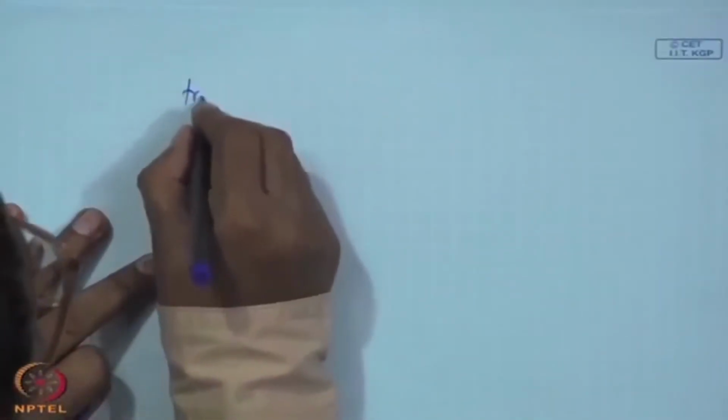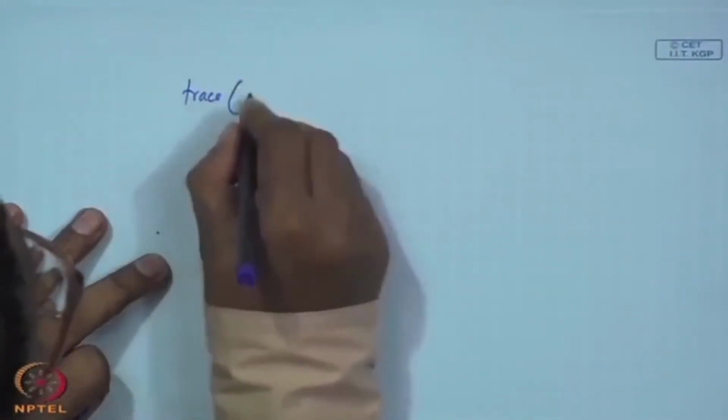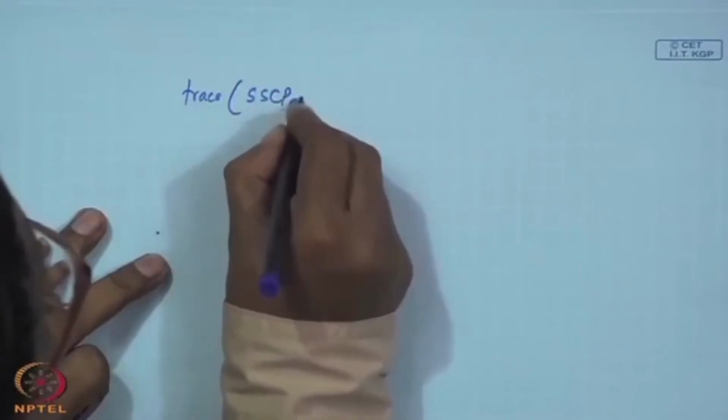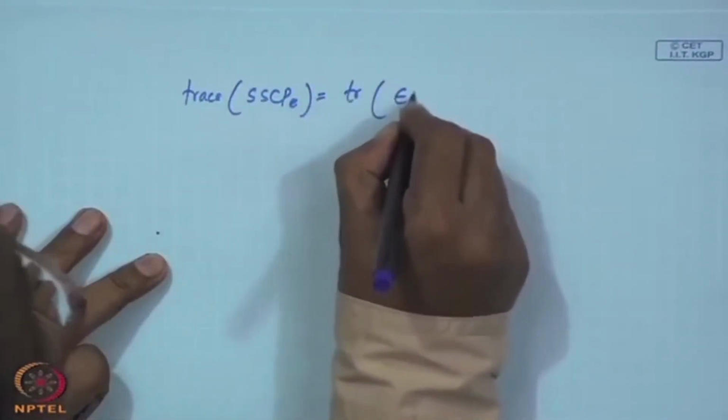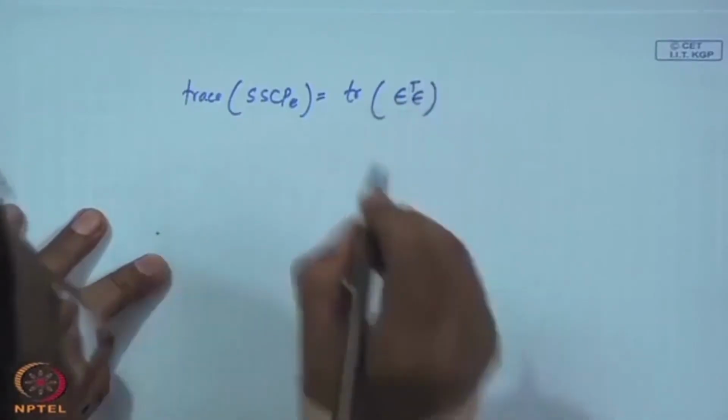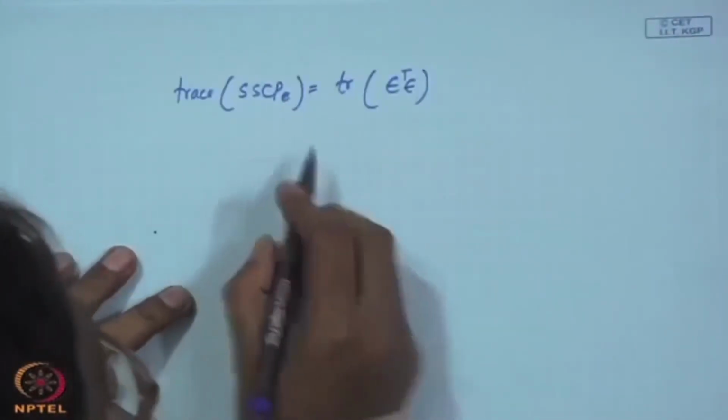So what we do, that's why we take the trace of SSCPE, or you can say the trace value of epsilon transpose epsilon. This is the diagonal values.